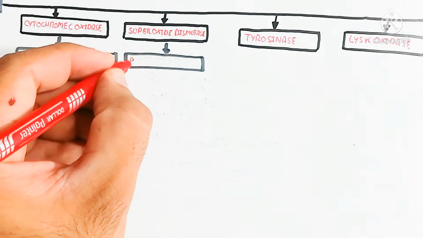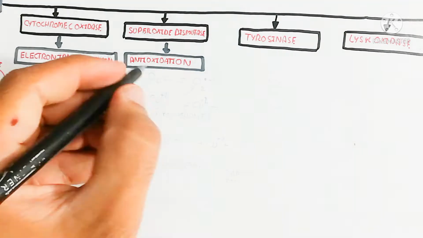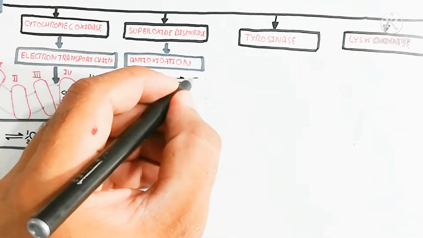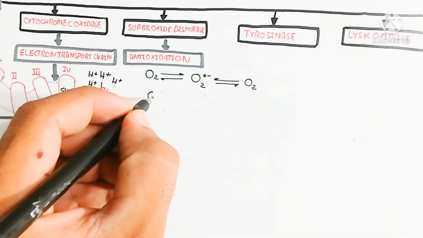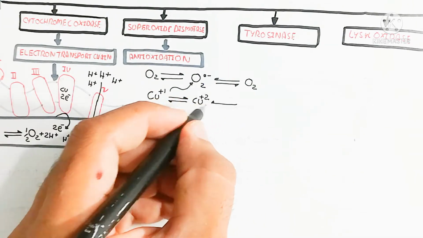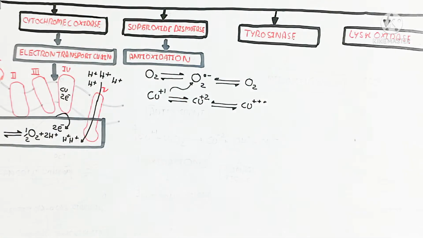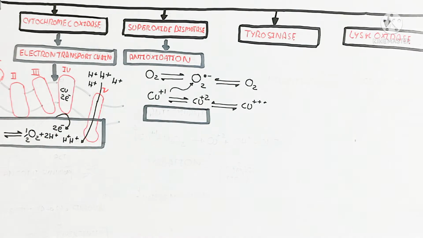But on the other hand, superoxide dismutase is also important, as it plays an antioxidant role. This means oxygen, for example, is converted into a free radical due to the addition of one more electron. This is toxic, and it is converted again into simple oxygen.